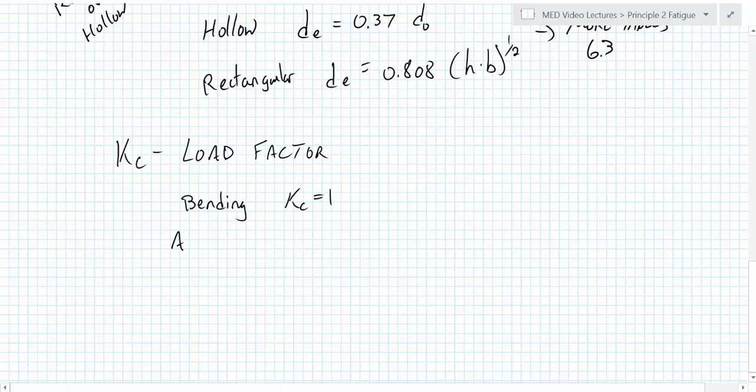If we are in axial loading, then KC equals 0.85. It reduces the endurance strength again.